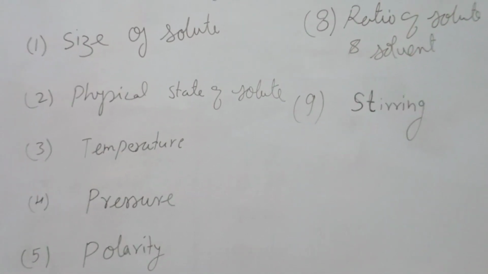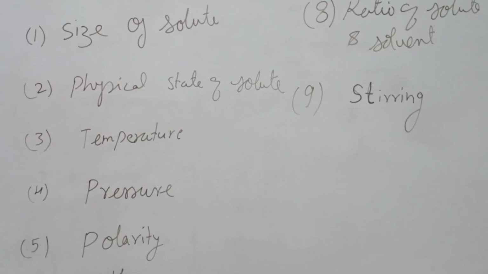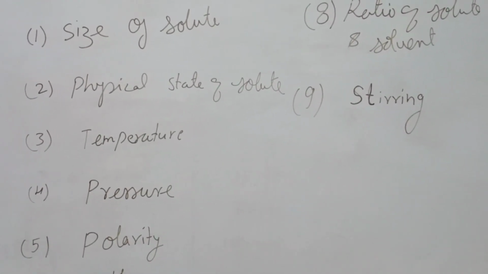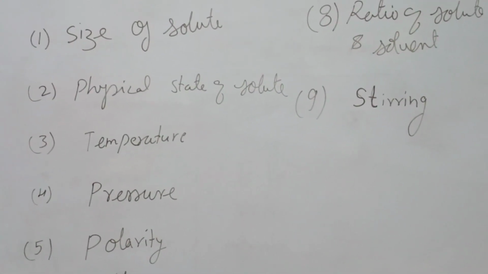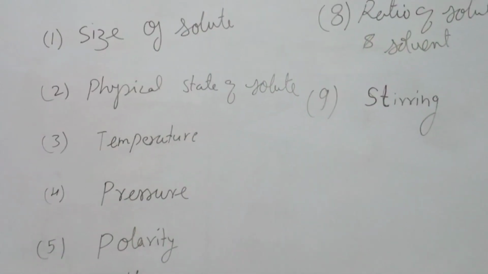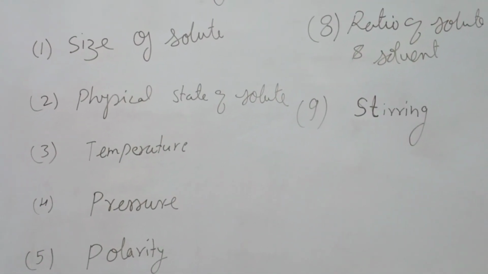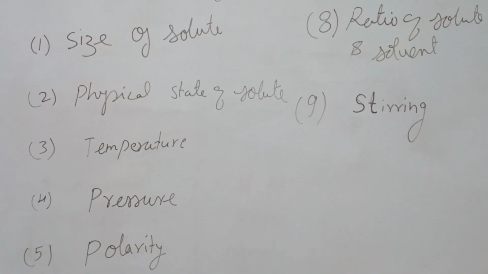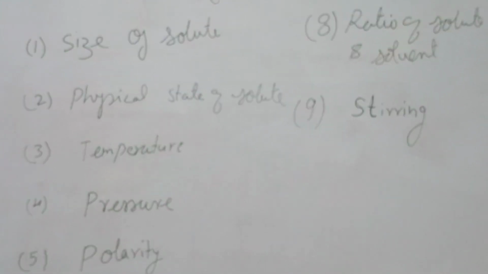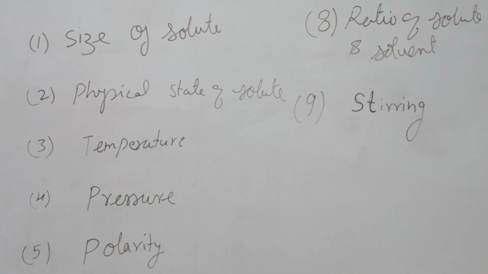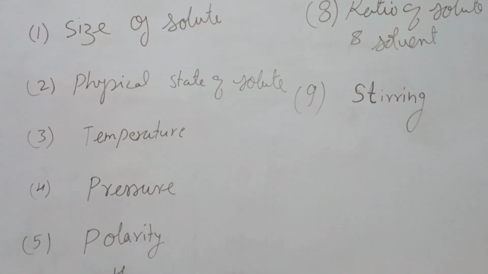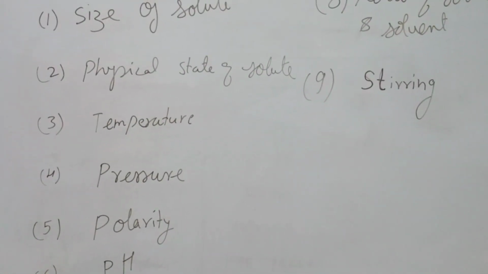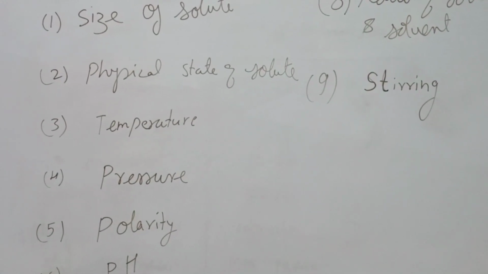So there are a total of 9 factors which affect the solubility of a solute in a given solvent. And one by one I elaborate as well as discuss the basic platform behind all these factors, which ultimately affect the solubility of solute in a solvent.